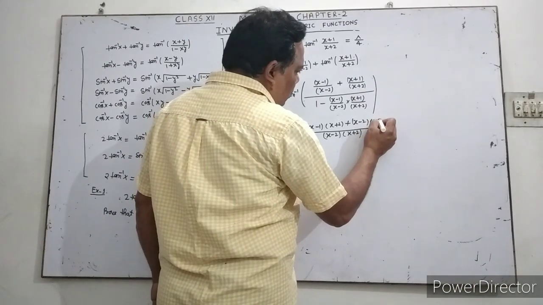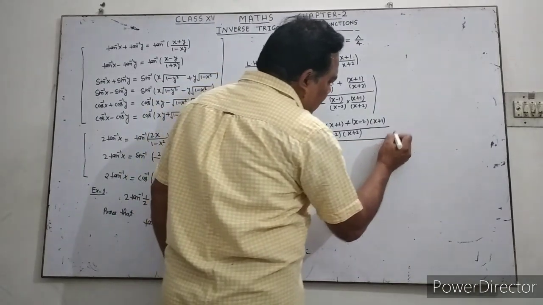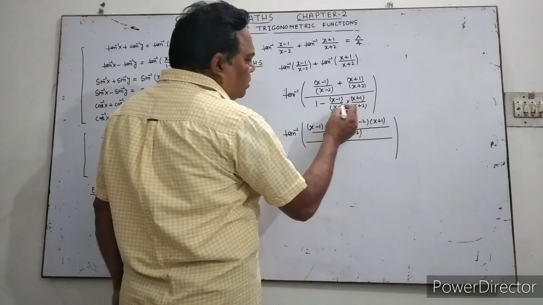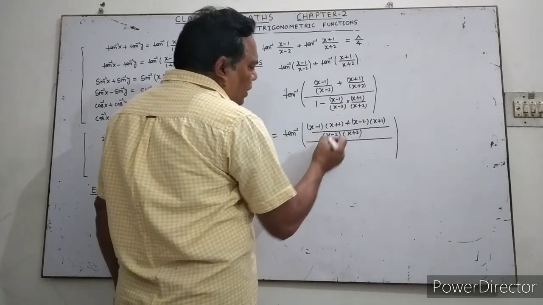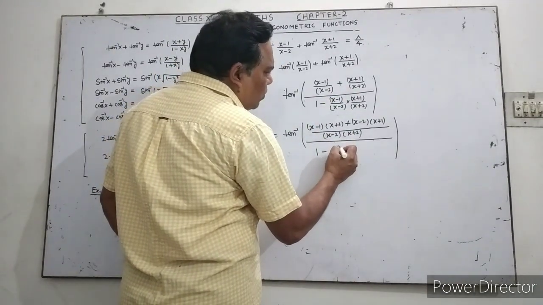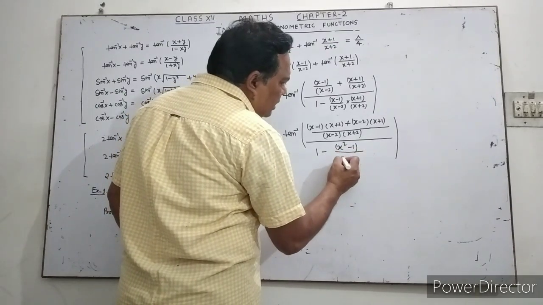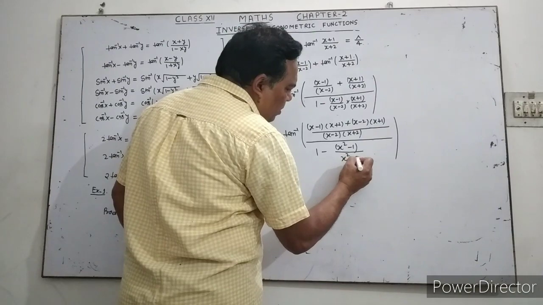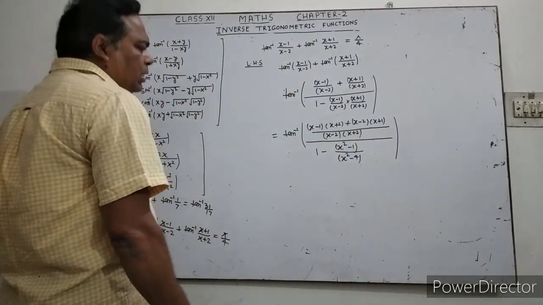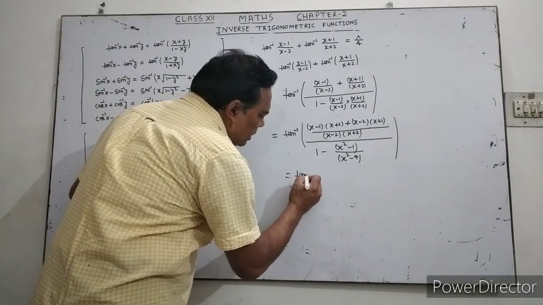Now the denominator: this is x minus 2, so 1 minus, this is x square minus 1 over x square minus 4. Now multiply.